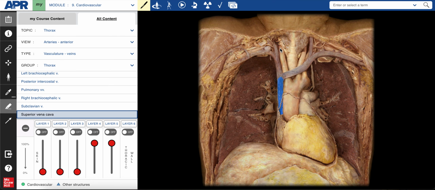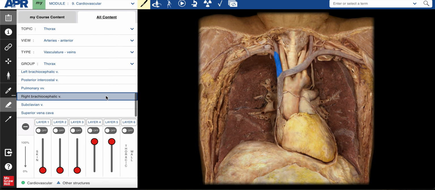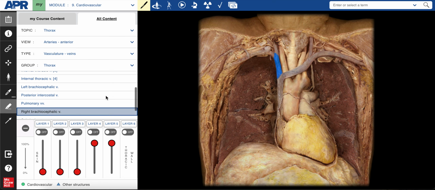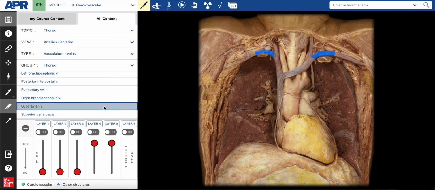Brachiocephalic, head and neck, or head and arm. So this is your internal jugular vein, and then here's the subclavian vein coming together. This is your right subclavian vein and your right internal jugular forming the right brachiocephalic vein. I should be able to follow that back. Of course, I cannot. Here we go, your subclavian veins.